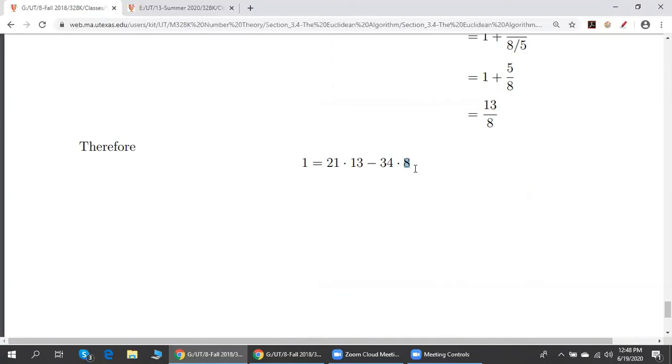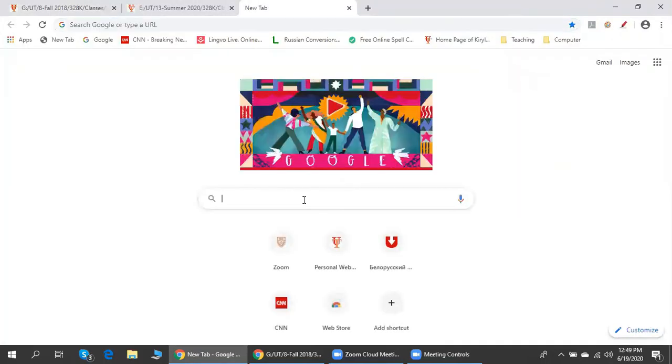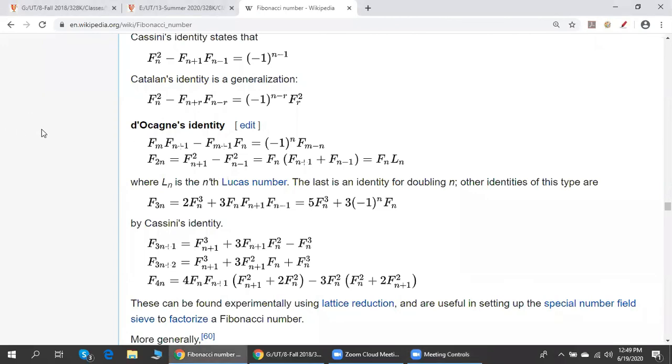And indeed, one can show that if we consider the following equation, f_n x plus f_(n+1) y is equal to 1, where f_n and f_(n+1) are Fibonacci numbers, then a solution of this equation is also 2 consecutive Fibonacci numbers. And this happens thanks to the following identity. Please take a look at the following identity, this one.